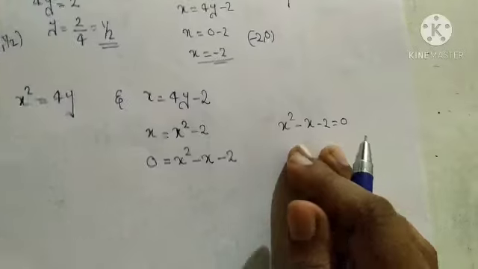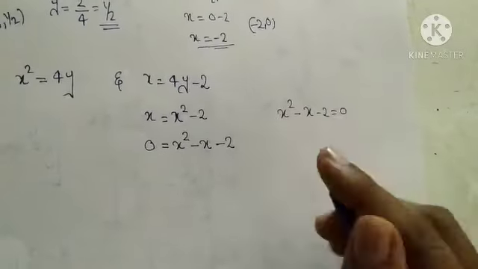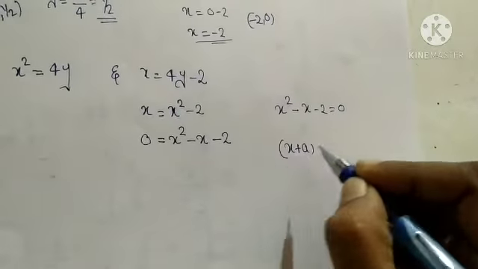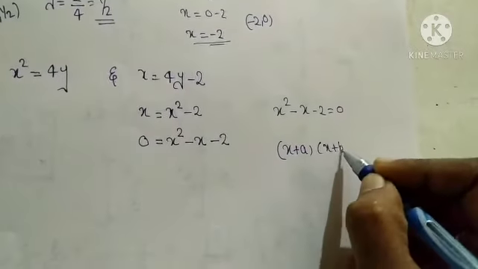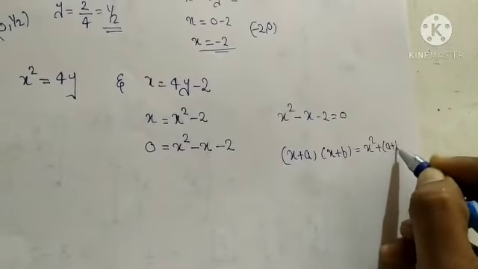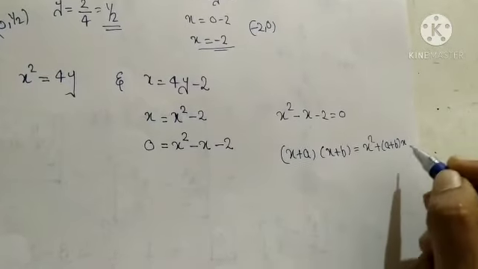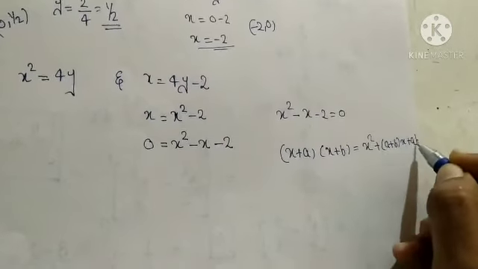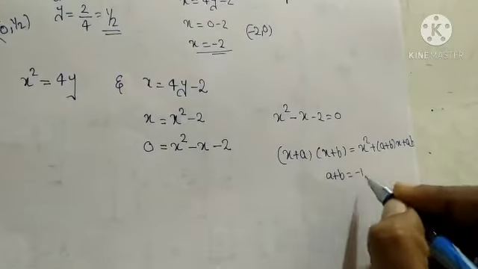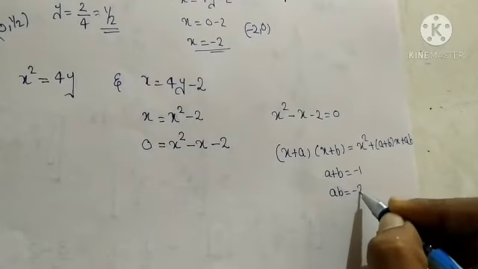So from this we can use one of the identities, (x plus a) into (x plus b) equal to x square plus (a plus b) into x plus ab. So comparing these two, here a plus b equal to minus 1 and ab equal to minus 2.